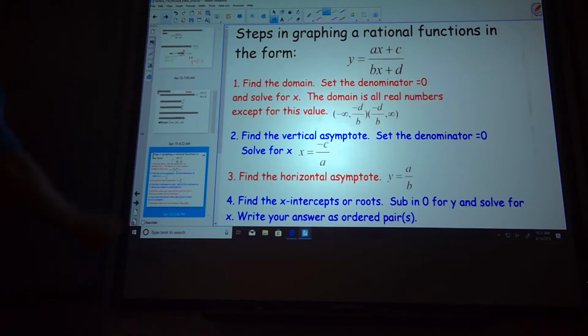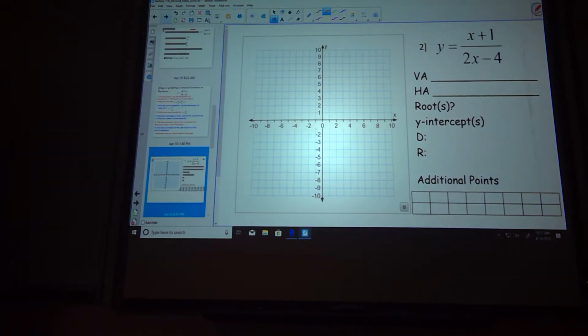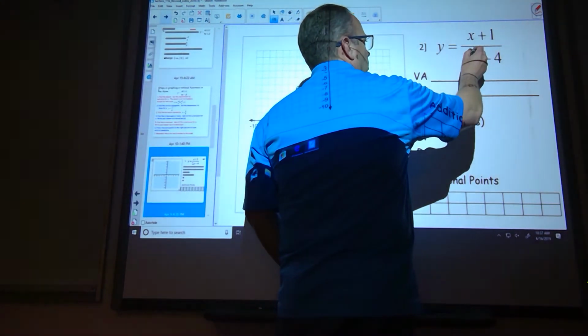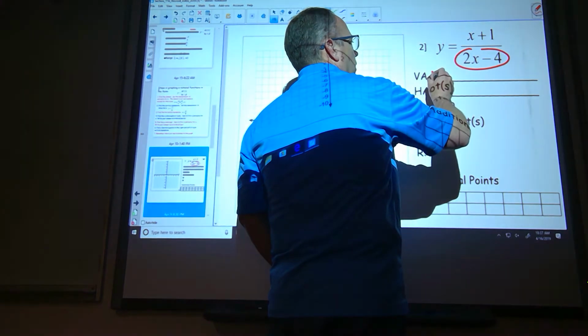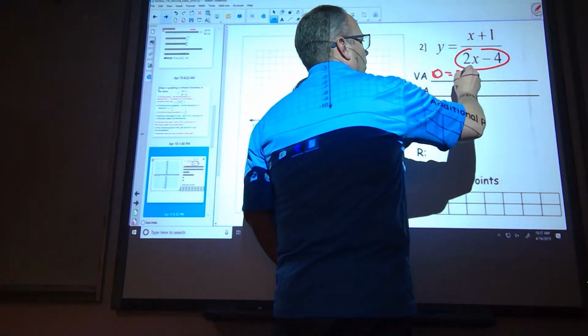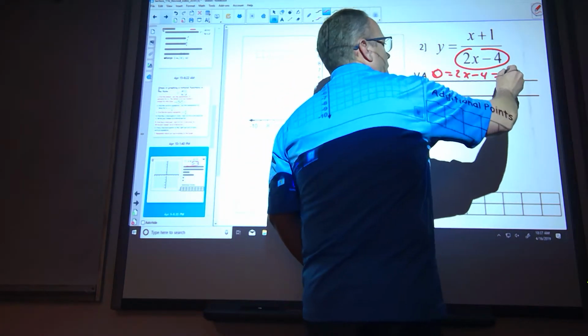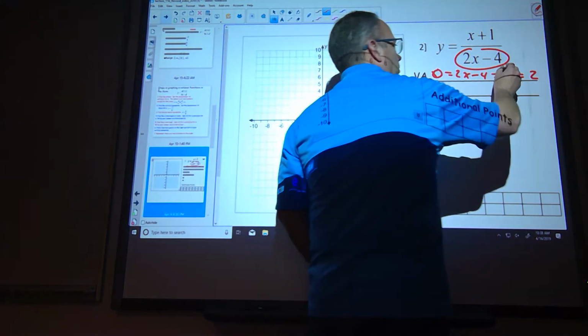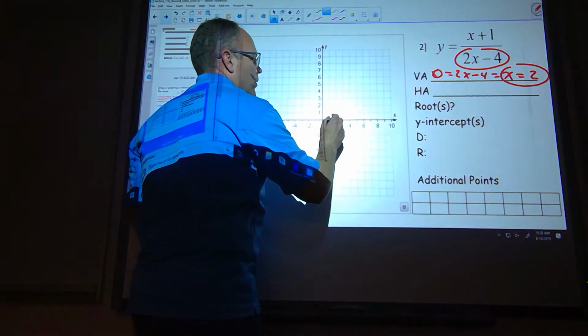So let's see if we can generate this. All right. So vertical asymptote. I'm going to take this, set it equal to 0. So x is equal to positive 2. So I have a vertical asymptote at 2.